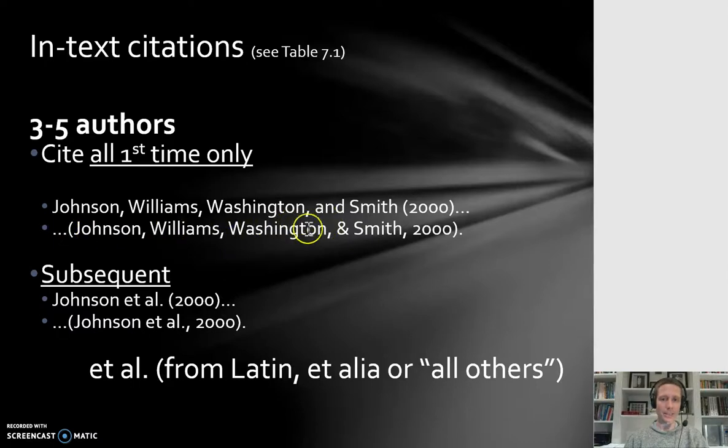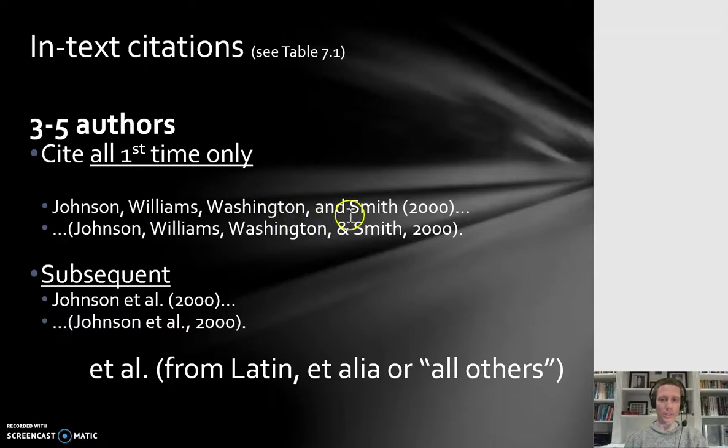After the first time that you cite them, then it goes to et al. Notice there is a period after the "al" and there is no period after the "et." That is Latin for "and others," and that's how it is for the rest of the paper.